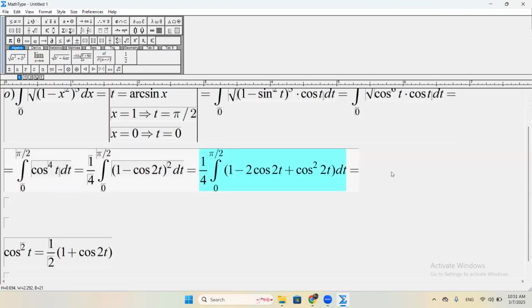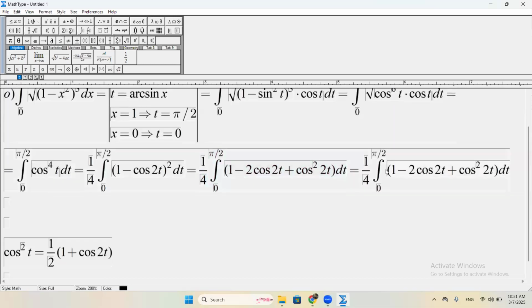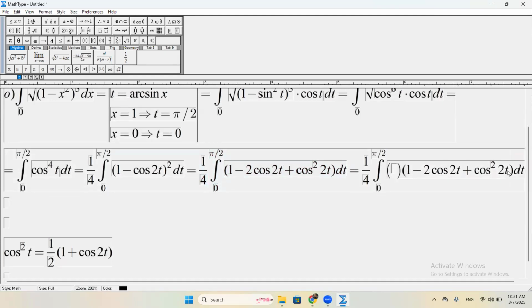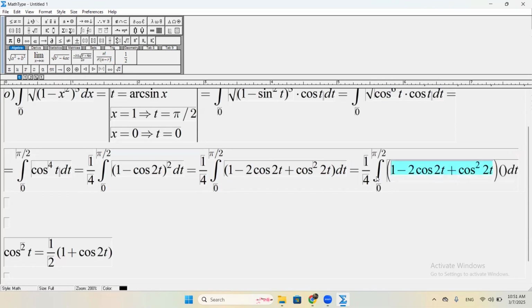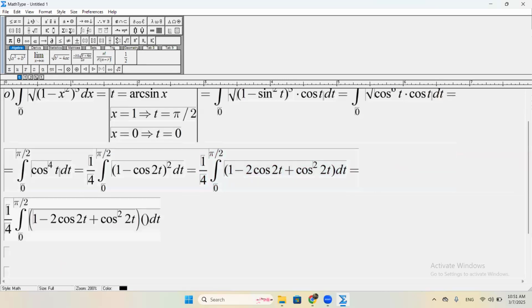So now rewriting it. Okay, let's move to the next line.